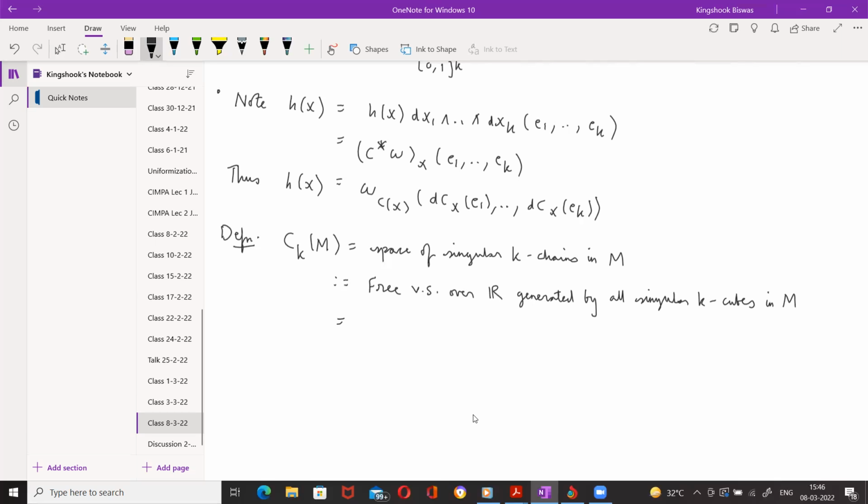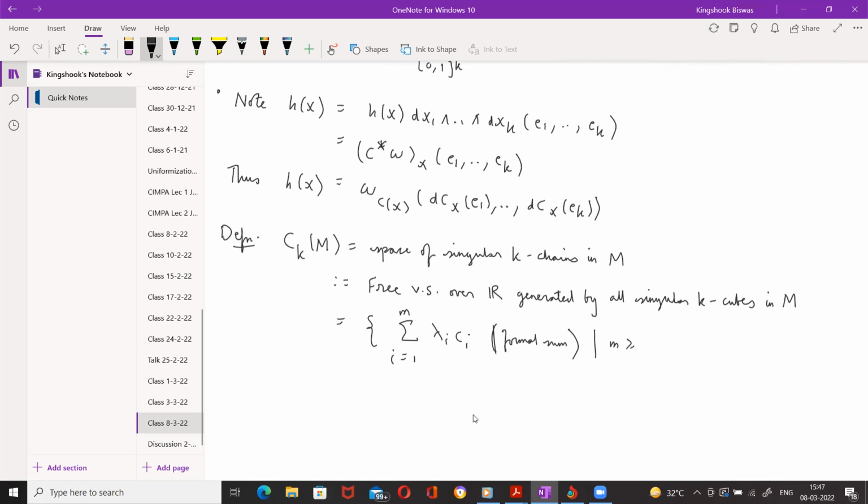So this is the set of formal sums, summation i goes from 1 to m of lambda i ci, where m is greater than or equal to zero.